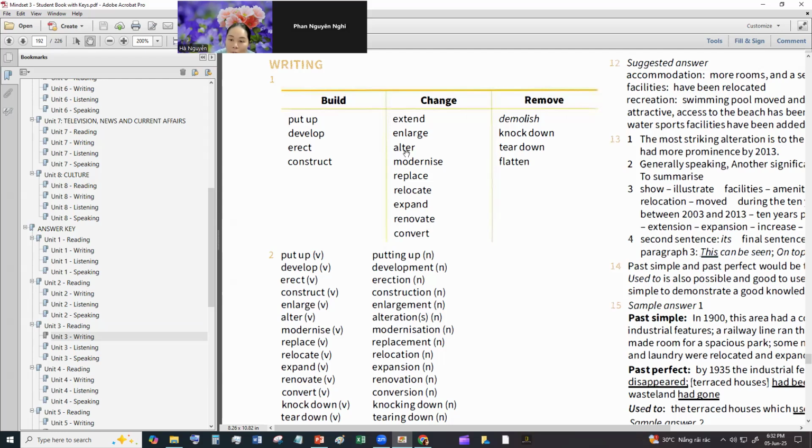So 1, 2, 3, 4, 5, 6, 7, 8, 9. Nine verbs for change. And the other four are for remove: to demolish, knock down, tear down, and flatten. So how many did you get correct out of 17? Actually 16, because demolish has been done.